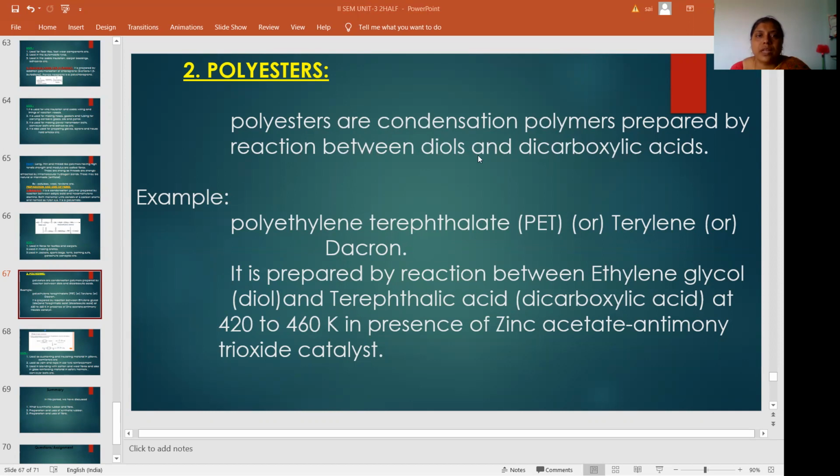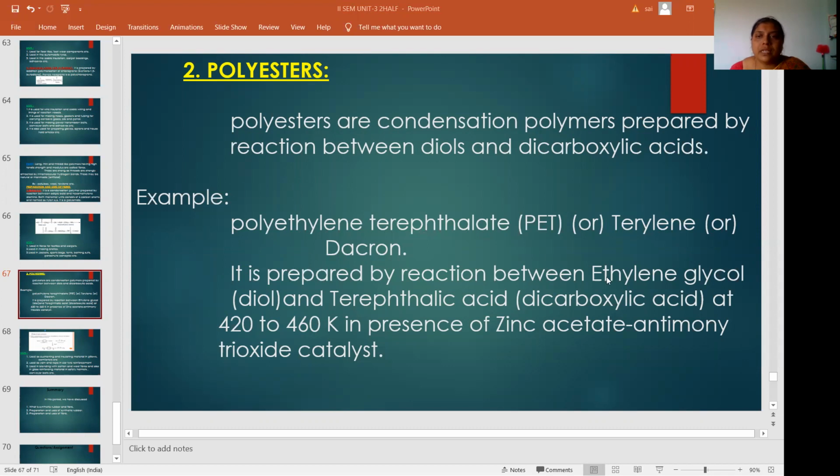An example for polyesters is polyethylene terephthalate, shortcut PET, also called terylene or dacron. Three names: polyethylene terephthalate, PET, terylene or dacron.